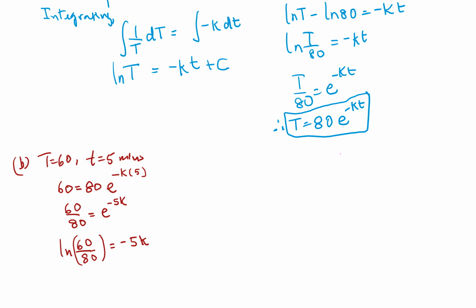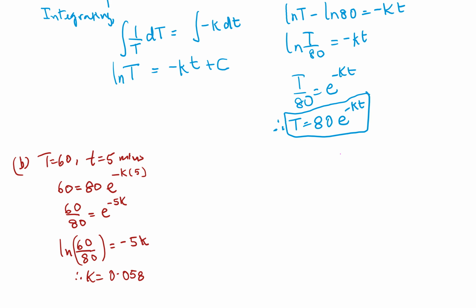The minus signs cancel out because ln of 60 over 80 gives a negative value. So k is equal to 0.0575 and so on. If I write it as 0.058, I might approximate it. So that is the value of k.